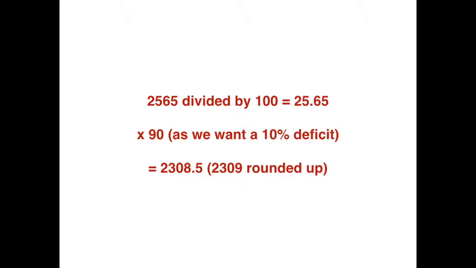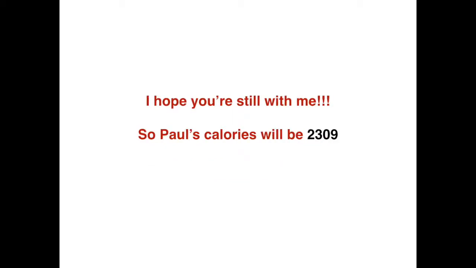Times that by 90, so we want to create a 10% deficit, and it equals 2,308.5. We round it up to 2,309 calories. I hope you're still with me, because if you're like me, maths may not be one of your strong points. So we've worked out Paul's calories will be 2,309 calories per day.